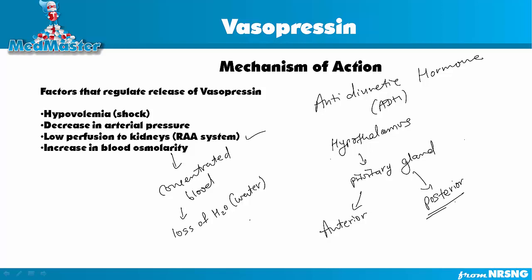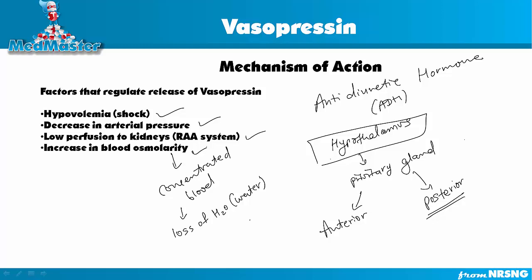From the posterior pituitary gland, vasopressin gets secreted depending on the signals that the body sends to the hypothalamus in the brain, signals like hypovolemia, decrease in arterial pressure, low perfusion to kidneys, and increase in blood osmolarity.